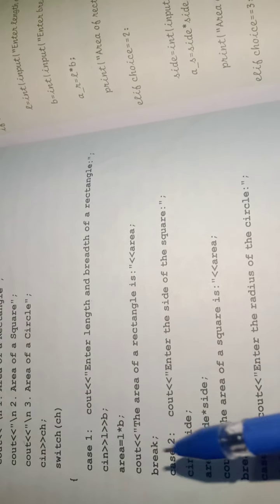And then again we will print the message area of rectangle is area. These 4 lines are compulsory for one case. If you want to print area of anything, then you have to write these 4 lines. Depending upon the formula, it will change in every case. Then at the end of the case, we need to write a break statement. This is used to break one case.